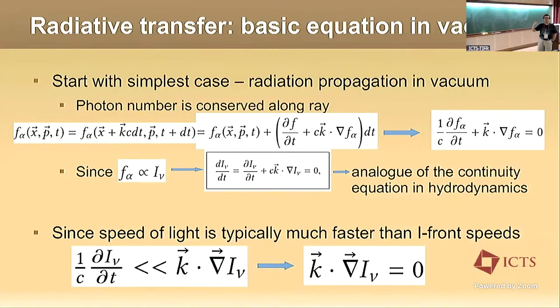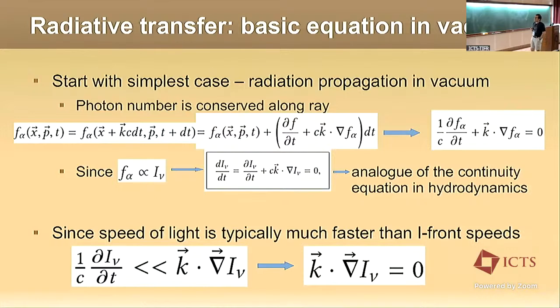So this is the full derivative d/dt. So the radiative transfer equation in practice is just dI/dt equals zero. The full derivative equals zero. So the distribution function or the intensity, whichever you like, is conserved in time, but conserved in the sense of the full derivative, not in the sense of the partial derivative.